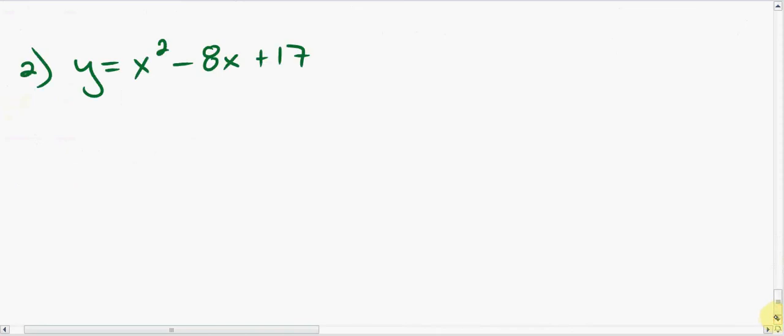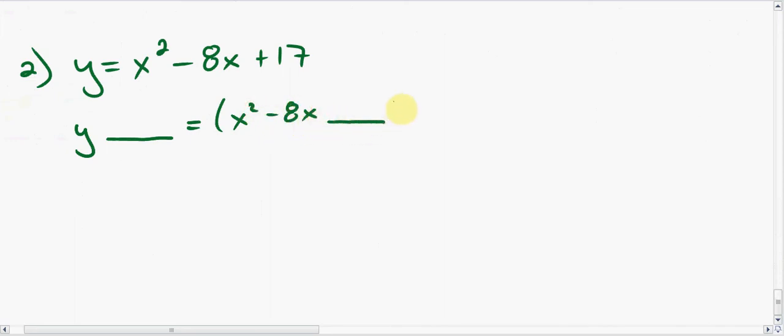Let's try one more, where we have y equals x squared minus 8x plus 17. So we've got y, leave a little space, equals parentheses x squared minus 8x.